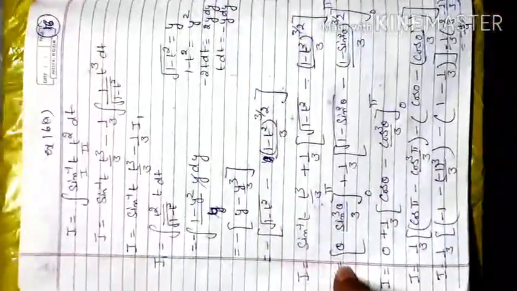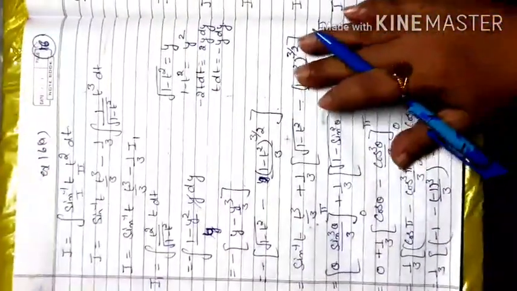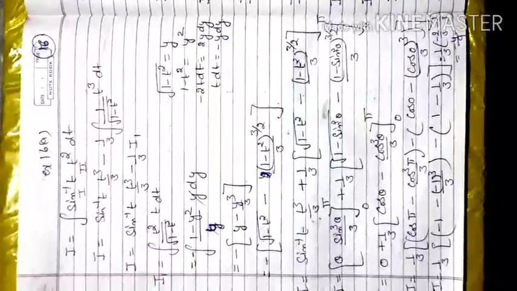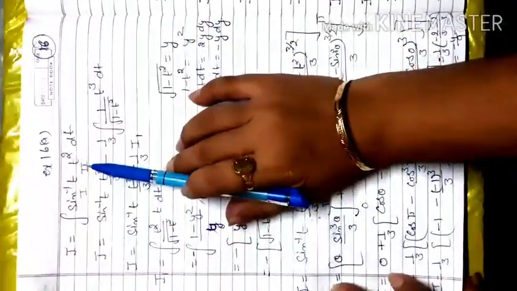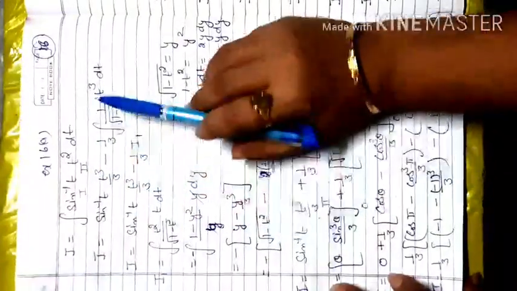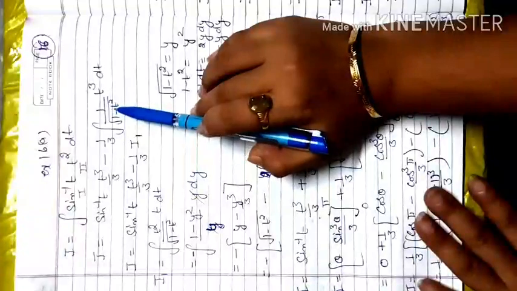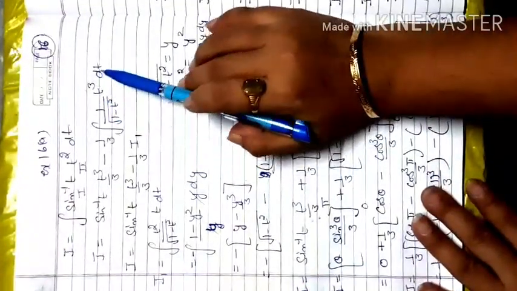So when we solve this question without the limit, we will get integral of sine inverse t and t square. Then this is the first function, and the second function, sine inverse t cube by 3, minus 1 by 3. Then the differentiation of sine inverse t is 1 upon root of 1 minus t square, times t cube dt.